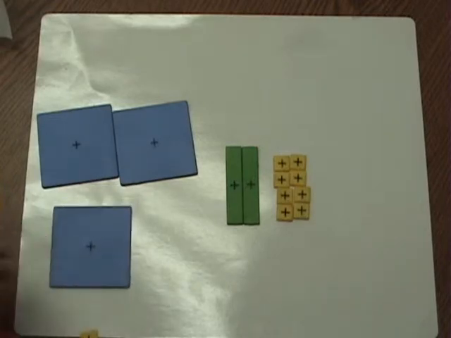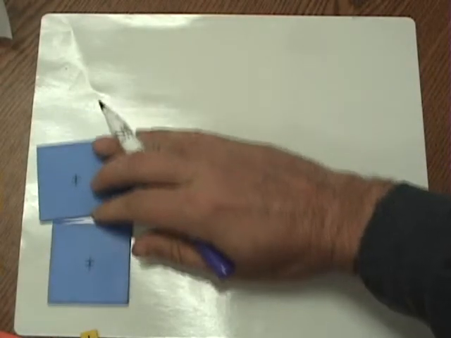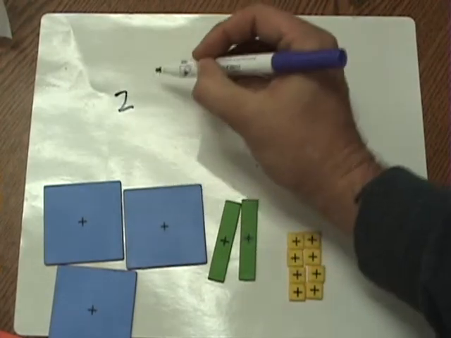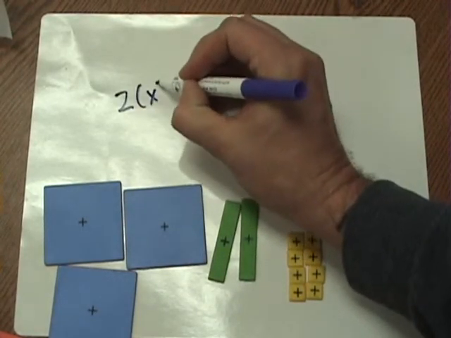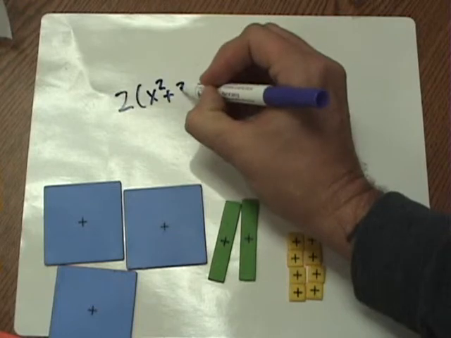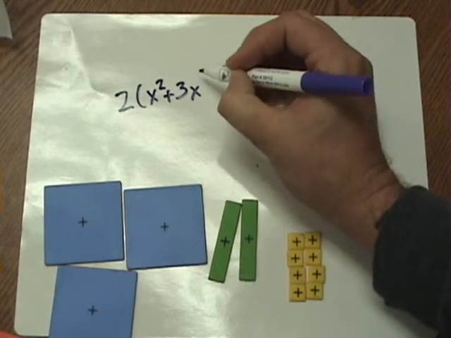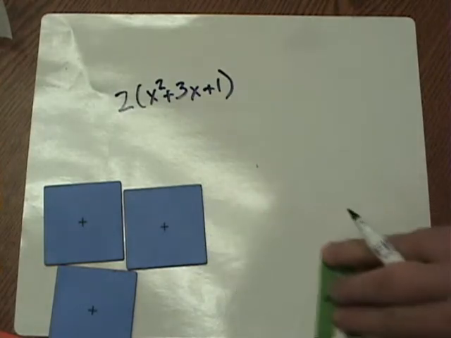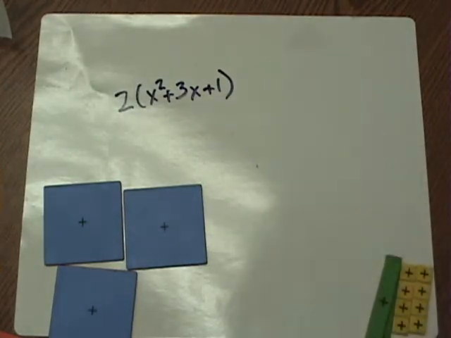So let's say we had 2 times x squared plus 3x plus 1. Okay?